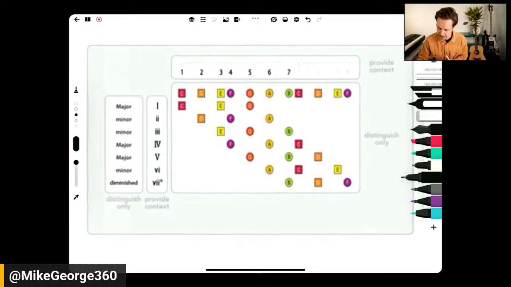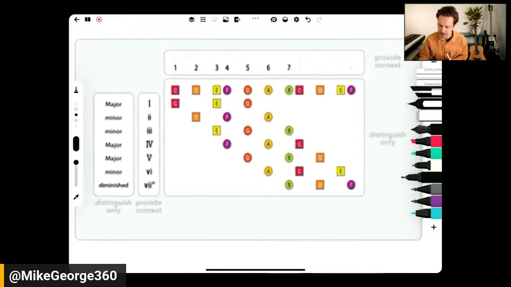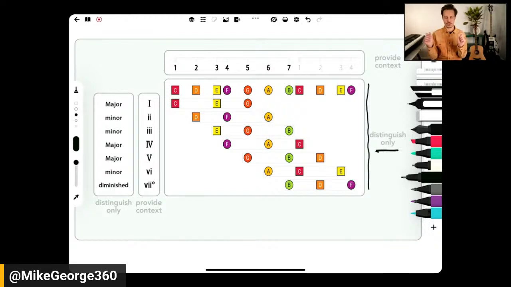And what we have here, it's kind of interesting how this works. So we have letters that really only distinguish the pitches. They don't inherently communicate relationships so much.